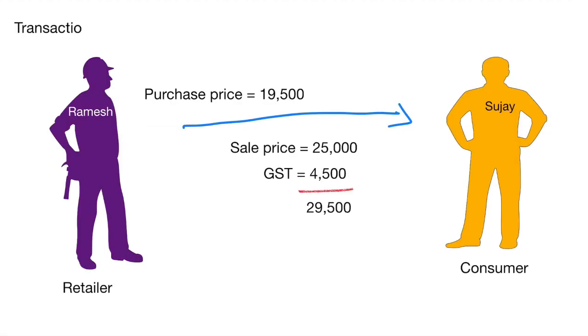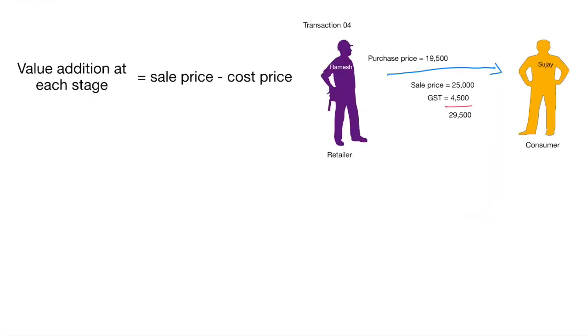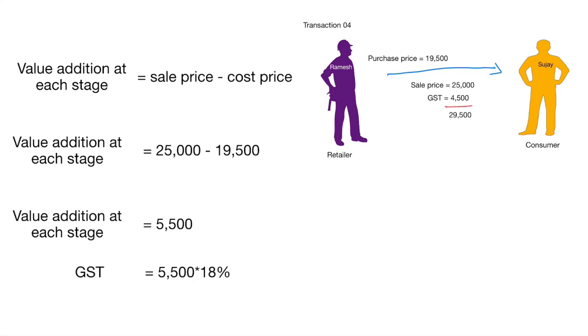Same in transaction 4. Sale price is 25,000. GST on sale is 4,500. Ramesh receives the sales price and GST amount from Sujay. Now the value addition here is 25,000 minus 19,500, which is 5,500.